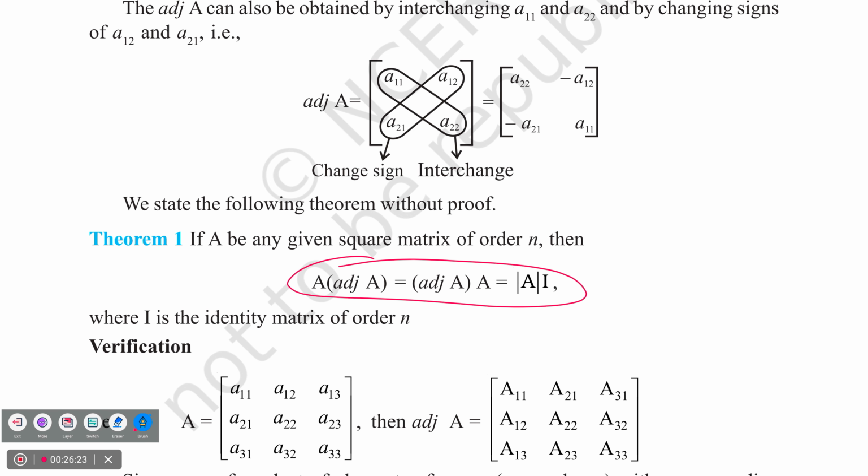So A into adjoint of A, or adjoint of A into A, will be equal to the determinant of A into I. Very important.